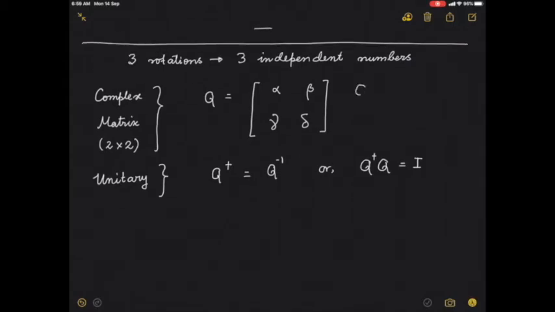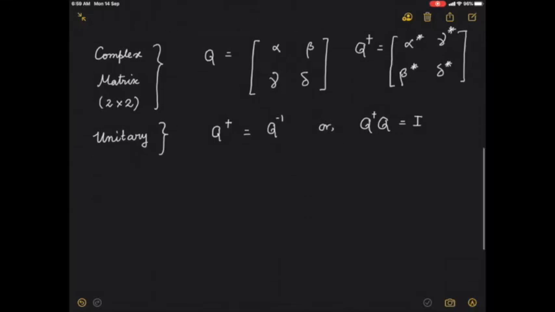So if this is Q, what will be Q dagger? Q dagger will be its conjugate transpose. So the diagonal will remain as it is with the star, and the off diagonal elements will change their location with the star, right?